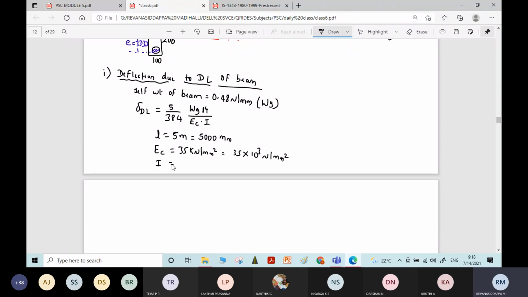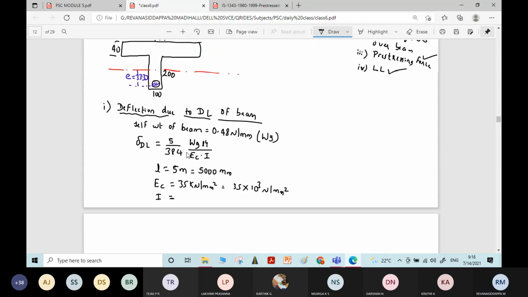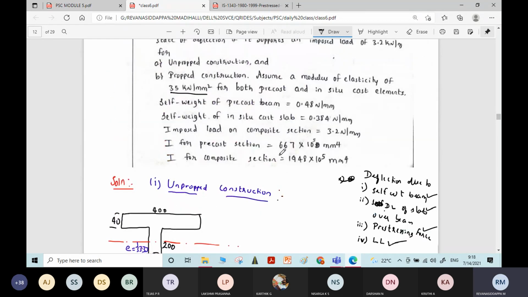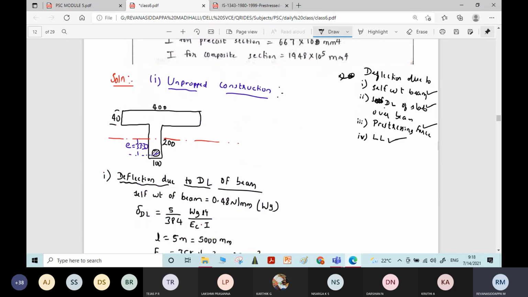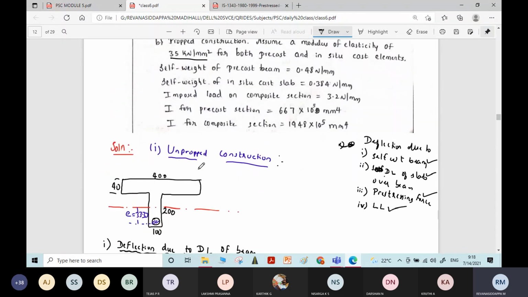Then moment of inertia of the beam. Precast section means it is the beam only. We are finding deflection due to dead load of the beam, so the moment of inertia corresponding to this beam only should be taken.